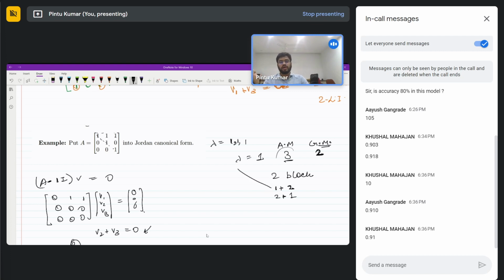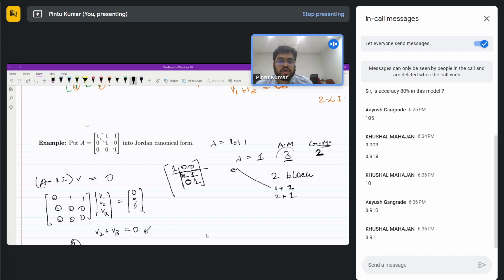If you write this particular Jordan canonical form, the first block is of size 1 and the second block is of size 2. How does a block of size 2 look? You have 1 and 1 on the diagonal, 1 on the super diagonal, and 0 everywhere else, right?